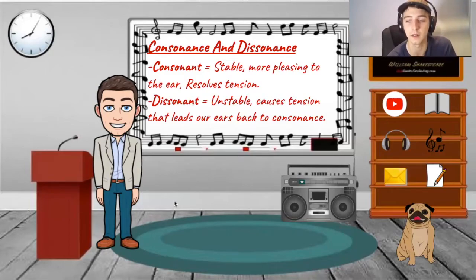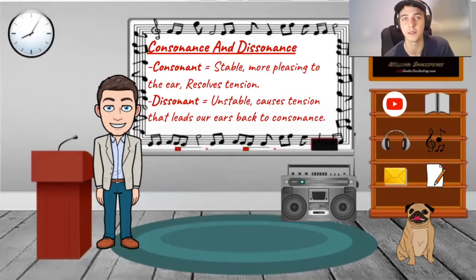So when we have a consonant interval, that interval is going to sound more stable and pleasing to our ears, and tends to be a source of resolution in music. When we have dissonant intervals, they tend to be sources of tension. They're unstable. They lead our ears into wanting the resolution and the stability of consonant intervals.